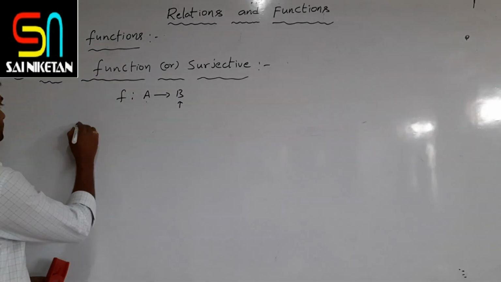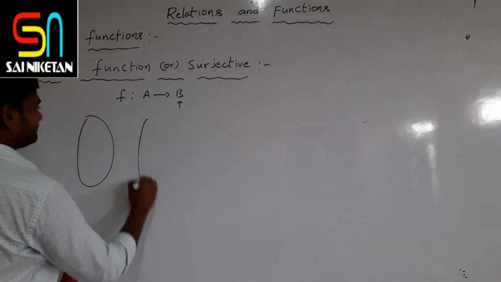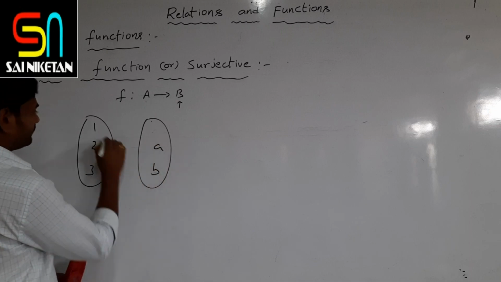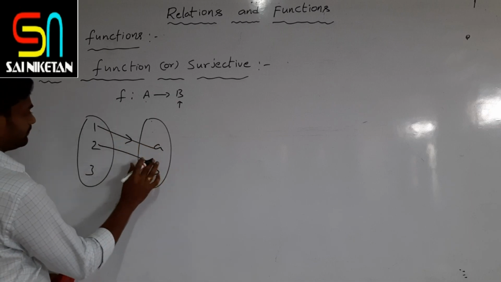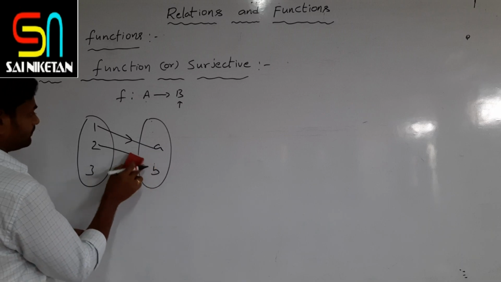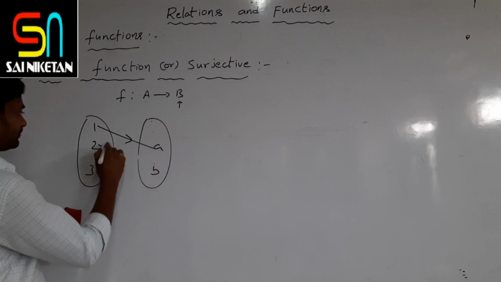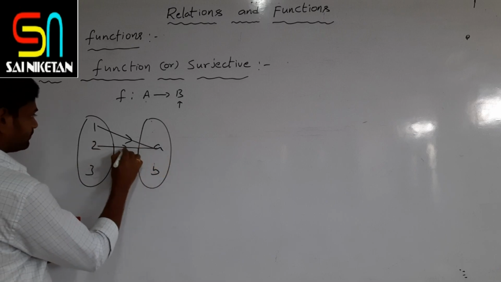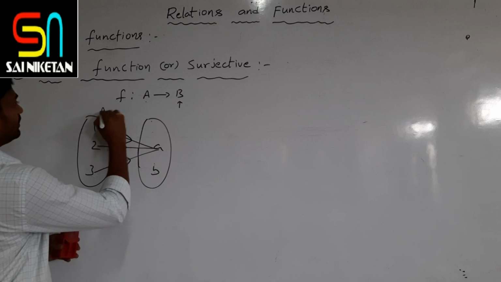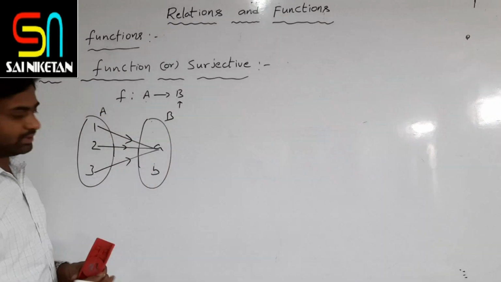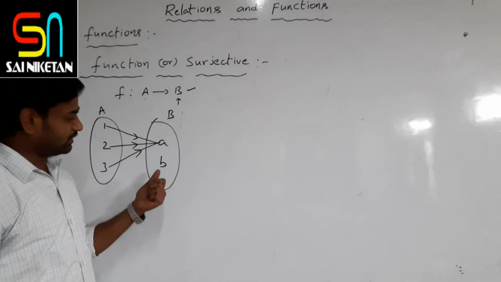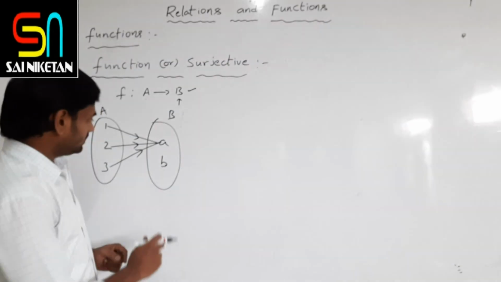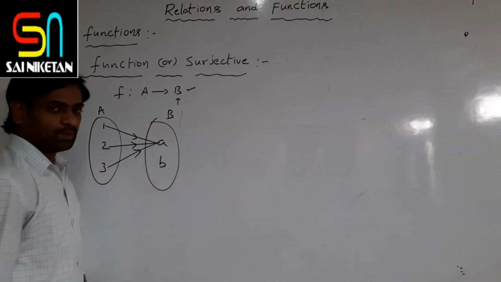See one example. This is capital A, this is capital B. In the set B, if you observe here, there are two elements, small a, small b, but for b there is no mapping here.